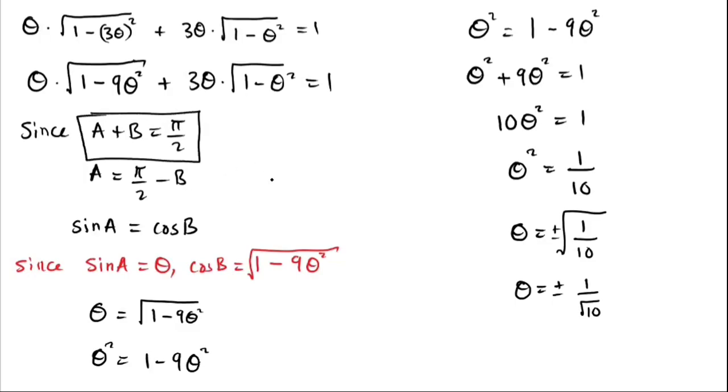So this means that both of them are positive. So the only answer that we need is the positive of this. This means that theta is equal to positive 1 over root 10. You can even say that, since theta is a positive value. So that's it. Our answer is simply positive 1 over root 10.